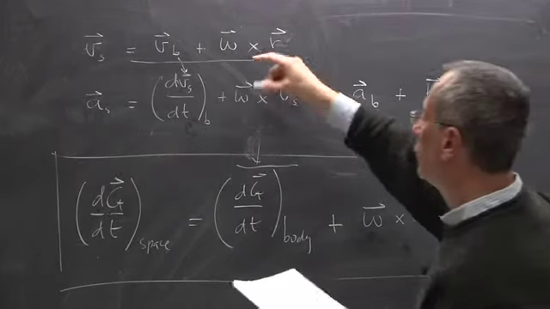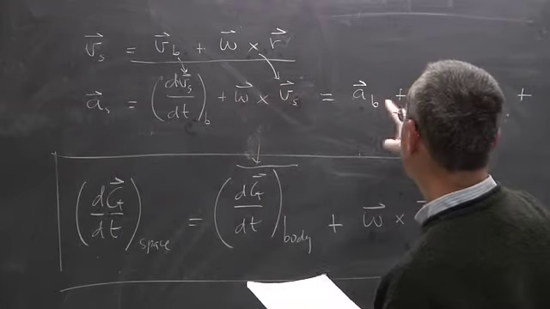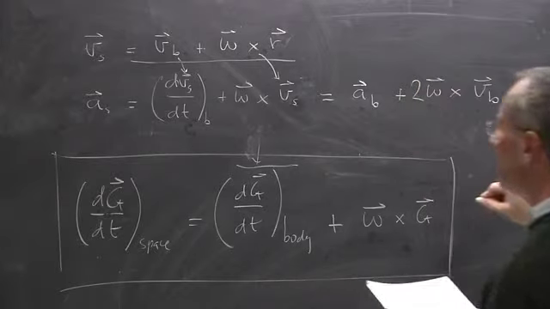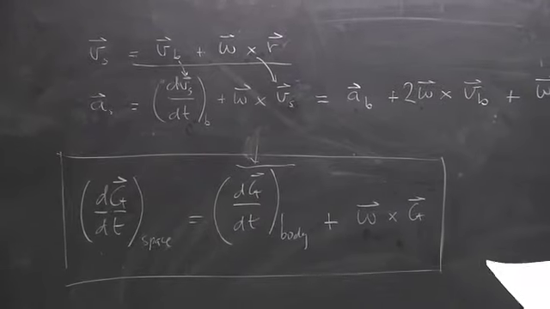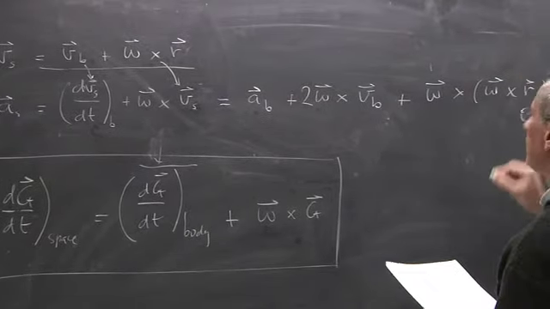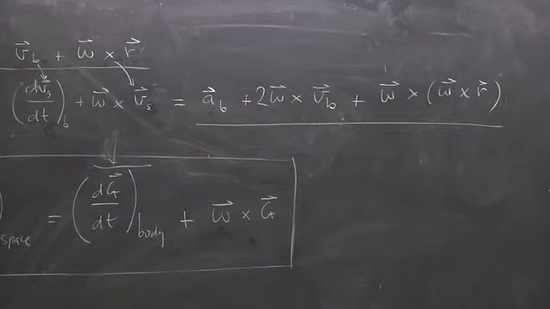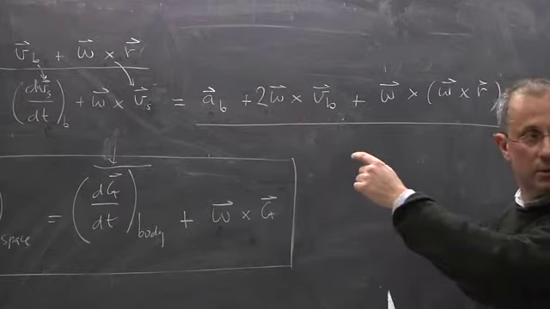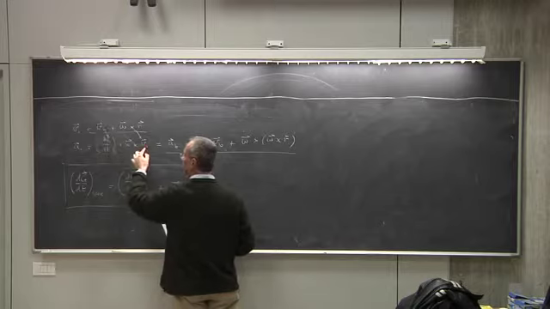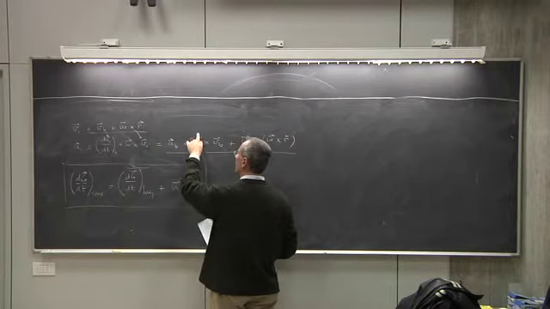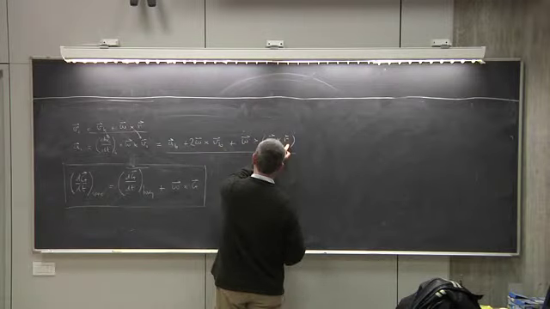Then you see that I have to take this and put it here. So I have one term that is just the same as this. So actually I have two of these. And then I have this that is omega cross R. Okay, you have two terms. One comes from here, one comes from plugging this in here. So you have twice omega cross VB, then you have omega cross r.